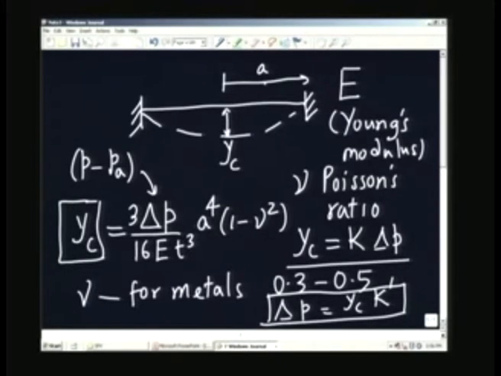So, if the radius of the gauge is known, the thickness of the material is known, and the material itself is known, its properties, the Young's modulus and the Poisson's ratio, then we directly have a formula which gives the value of k prime. Or I can use a calibration procedure like what we discussed with respect to the Bourdon gauge to calibrate the instrument, instead of looking at all these properties, which are subject to their own errors.